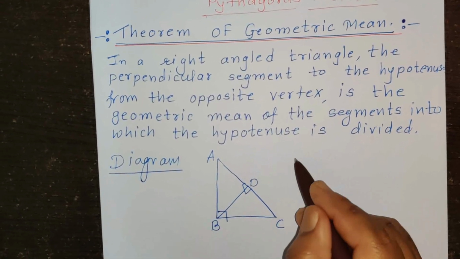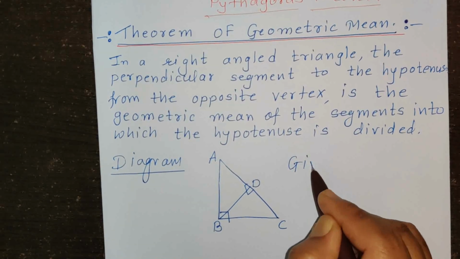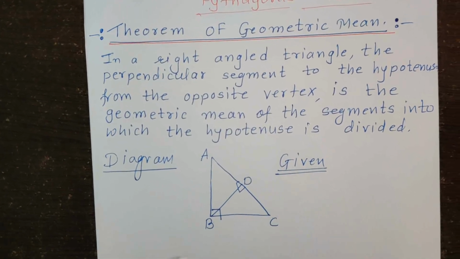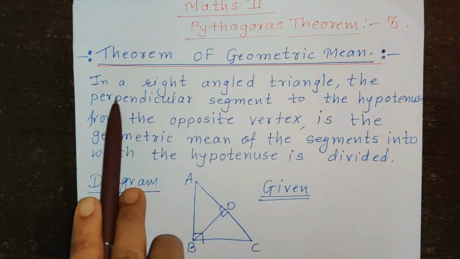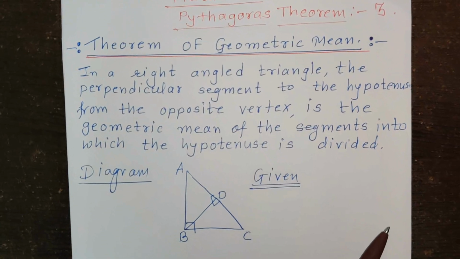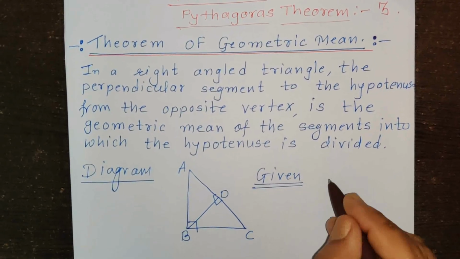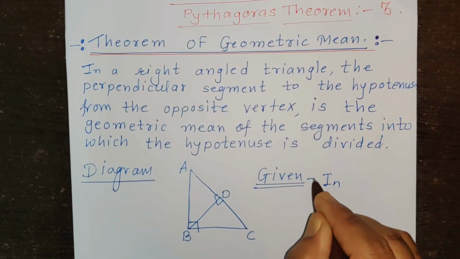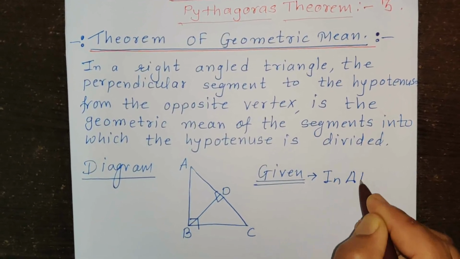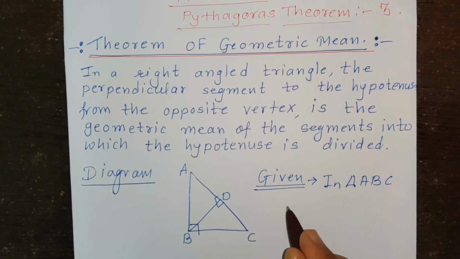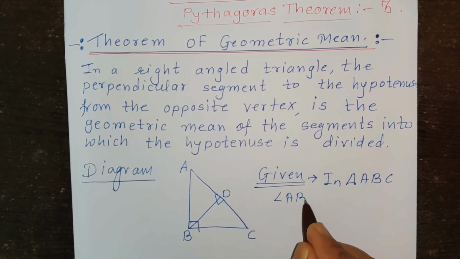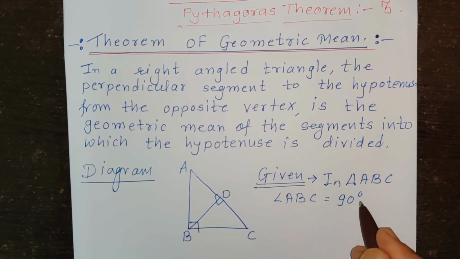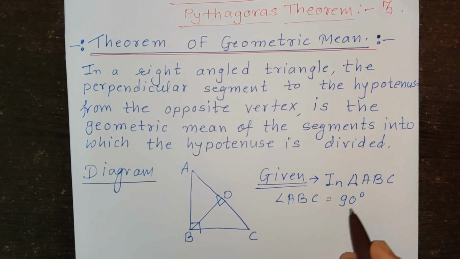From this we will also write the given. The starting of the sentence is, in a right angle triangle. That means a right angle triangle is given. So what is given? In triangle ABC, angle ABC is 90 degrees. And also what is given?